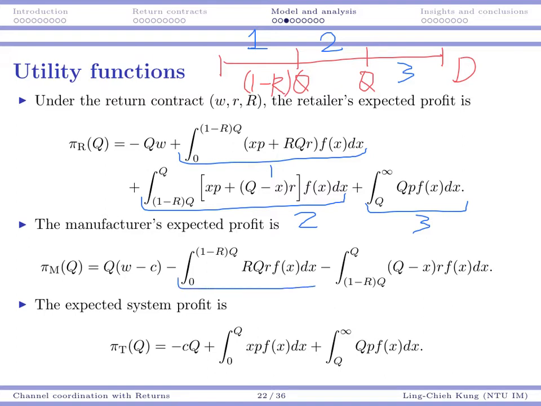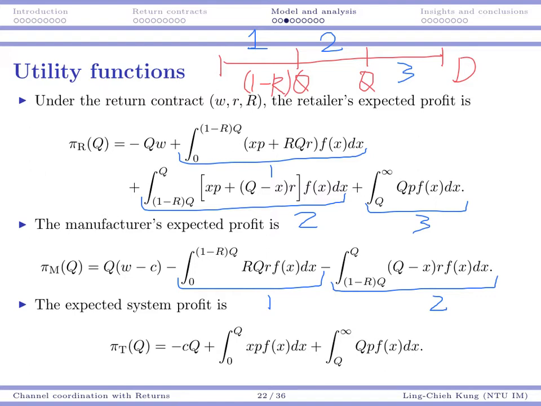This, of course, is what happens when the demand is very small. When the demand is very low, the manufacturer is going to take capital R times capital Q back. Or if the demand is somewhat moderate, then the manufacturer only needs to take back Q minus X, and X is the demand.